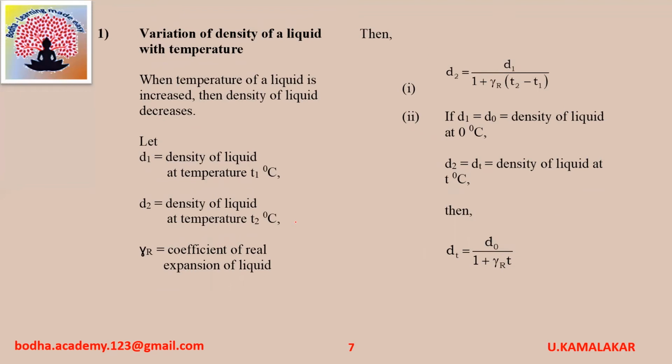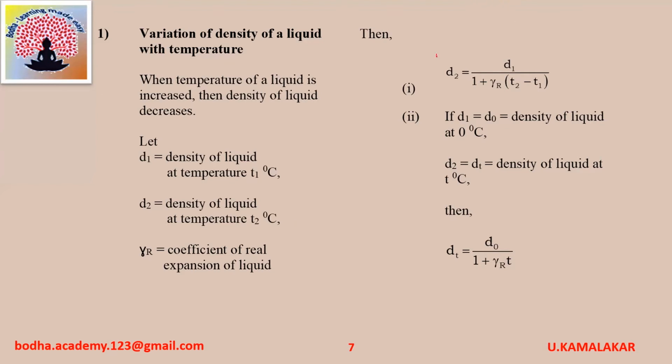Next topic, variation of density of liquid with temperature. When temperature of liquid is increased, then density of liquid decreases. Let D1 be the density of liquid at temperature T1 degree centigrade, D2 be the density of liquid at temperature T2 degree centigrade, gamma R be coefficient of real expansion of liquid.